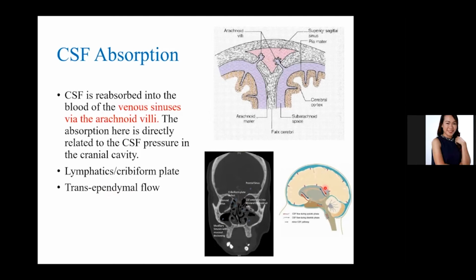The motion of fluid, specifically your cerebrospinal fluid, across these ependymal cells is defined as transependymal flow. They consequently penetrate this fluid into the brain parenchyma and adjacent structures. So this is the CSF absorption. So that's it, class.